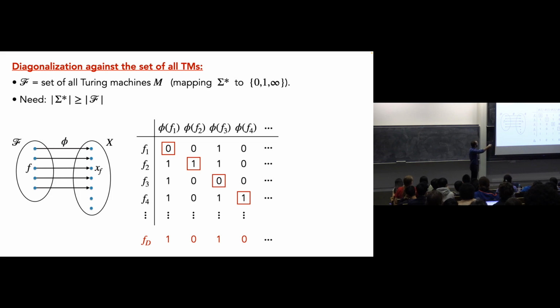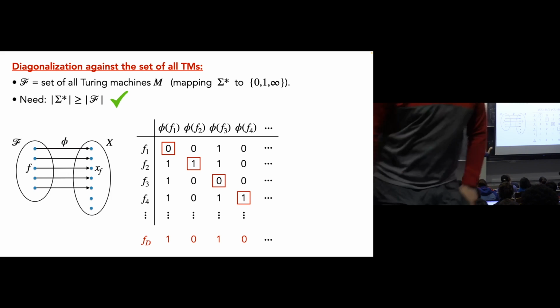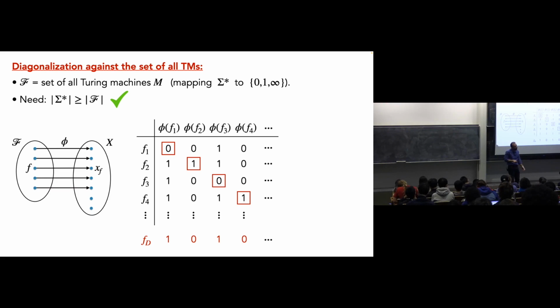So we need that the set of all Turing machines is encodable. Is it? Yes, every Turing machine has a finite description. So this is a check. Now the condition of diagonalization is met, so we can diagonalize. Let's do it and let's see what problem comes out of it.